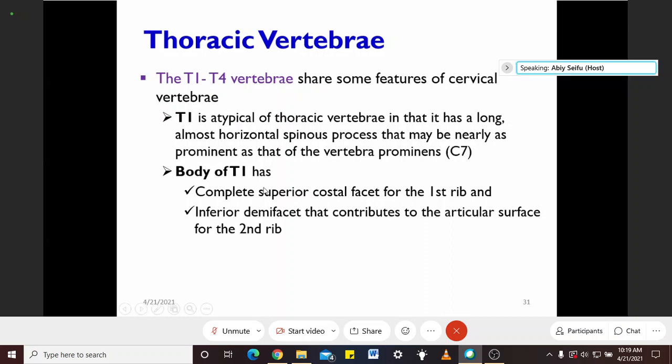For instance, the body of T1 has a complete superior costal facet for the first rib, whereas the others have a demi-facet rather than a complete one. On the inferior margins of the body, there is an inferior demi-facet that articulates with the second rib.